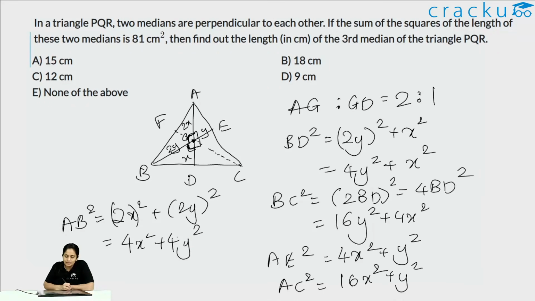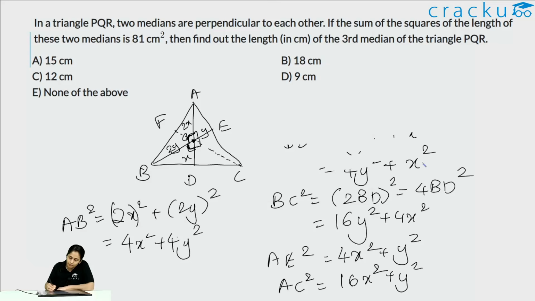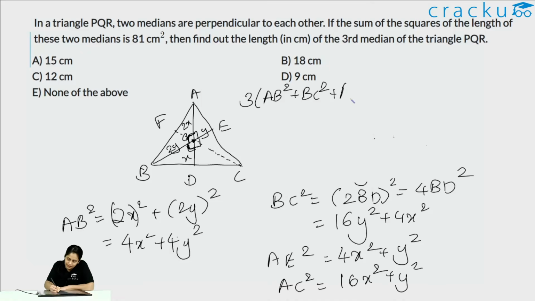So what is the sum of the sides as such? Sum of the sides would be equal to how much? I found this is 16y square plus 4x square. This AC square is 16x square plus y square. So 3 times AB square plus BC square plus AC square is how much?